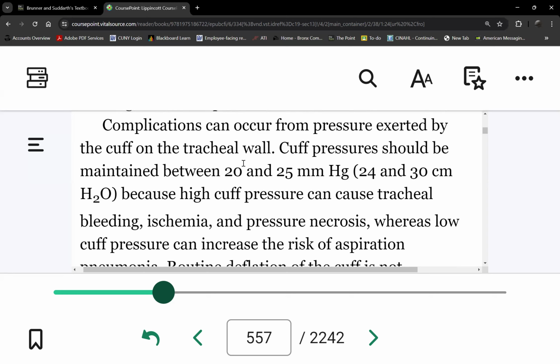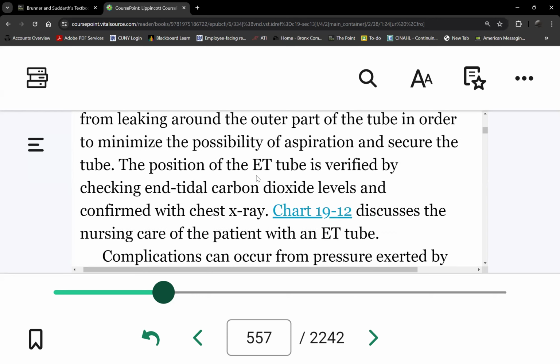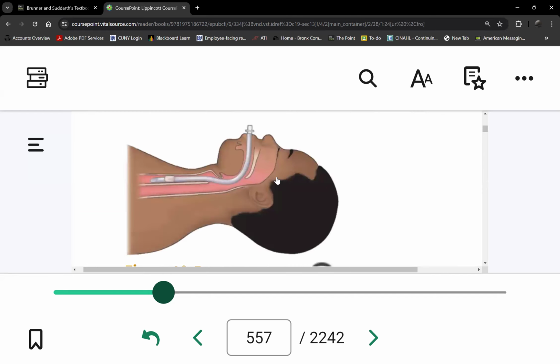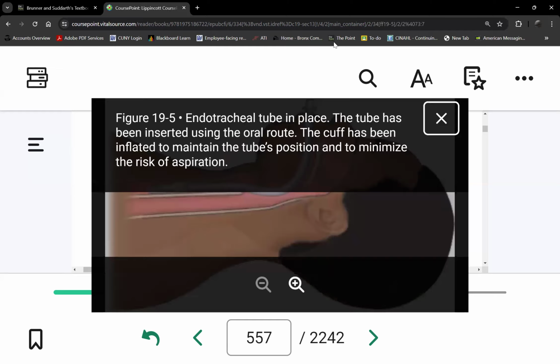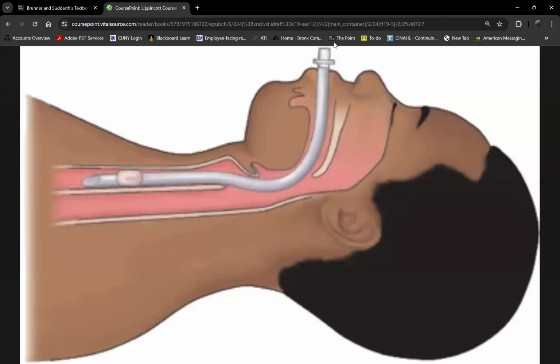What they do is listen to the neck, to the trachea, with a stethoscope. If the cuff is flat, meaning it's not inflated, will you hear leaking? Yes. So when we hear leaking, the cuff is flat, and then we begin inflating the cuff slowly.